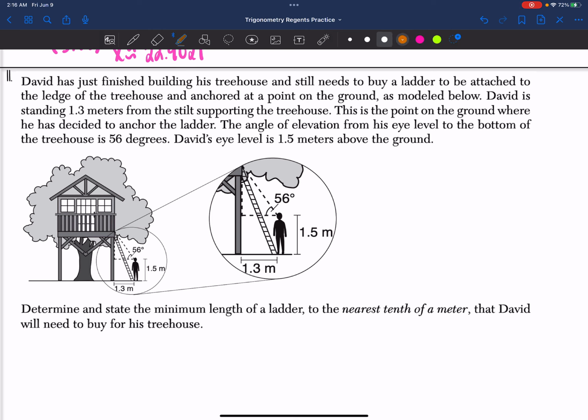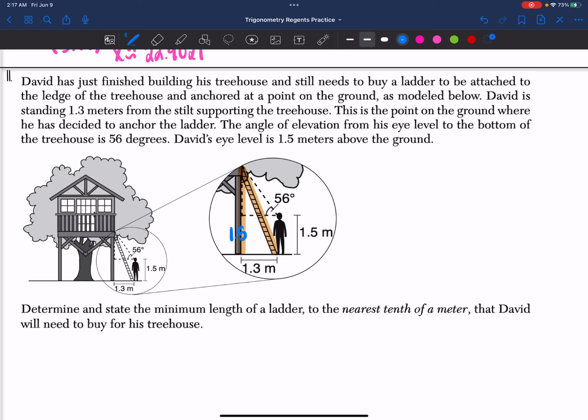So what we're looking for is the length of this ladder. And had we known the length of the tree, this piece right here, we can just use Pythagorean theorem to figure it out. But we don't really know that. What we do know is from the ground to his eye level is 1.5.